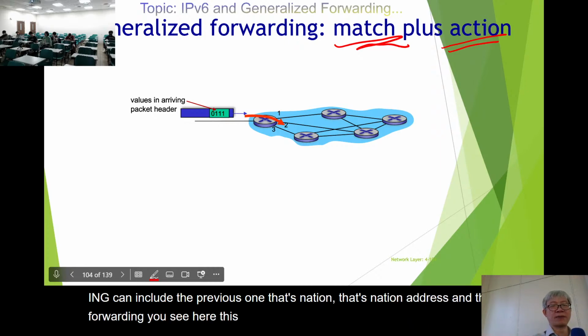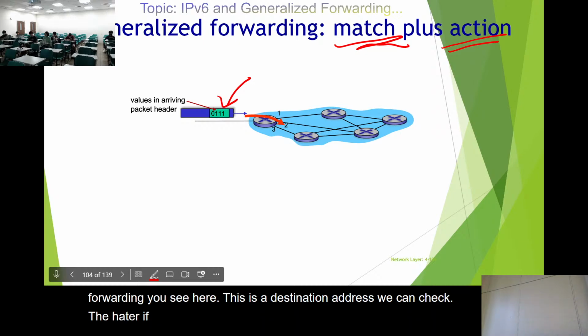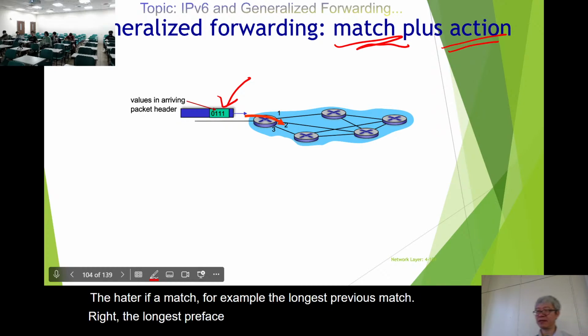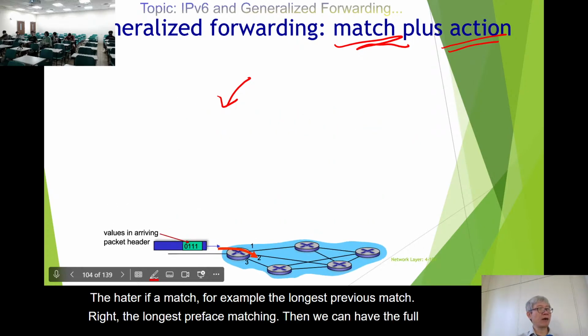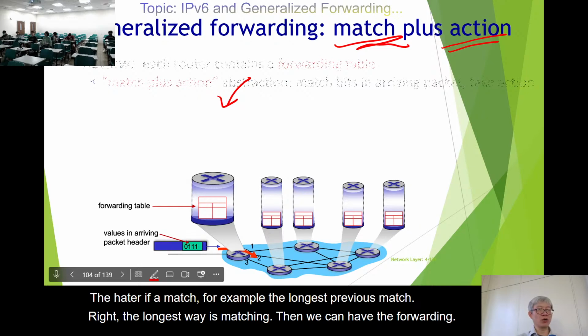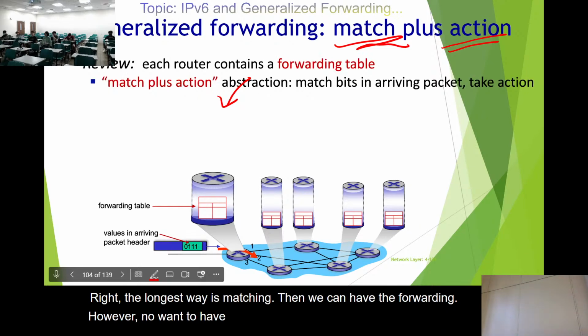We can check the header if it matches, for example, the longest prefix matching, right? The longest prefix matching, then we can have the forwarding. Well, however, only this one, no. We want to have the generalized forwarding, so of course not only that one.